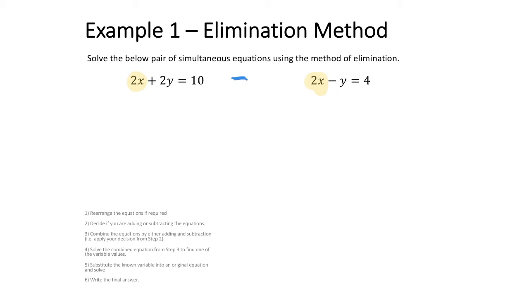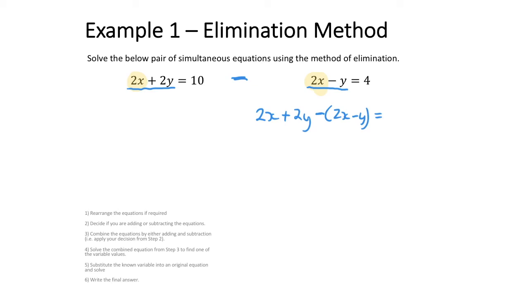On the left-hand side of my first equation I've got 2x plus 2y, and then I subtract the second equation, so minus, in brackets, 2x minus y.